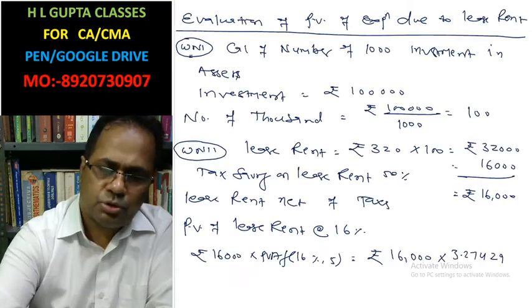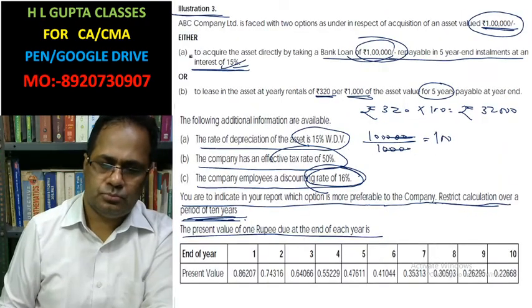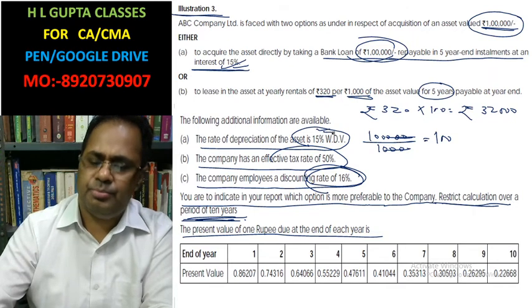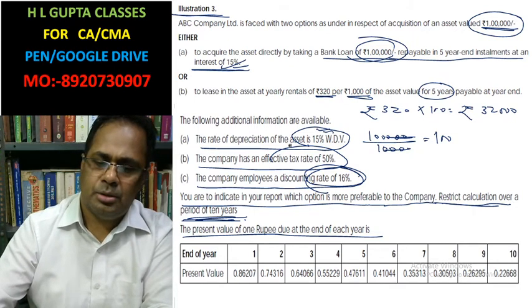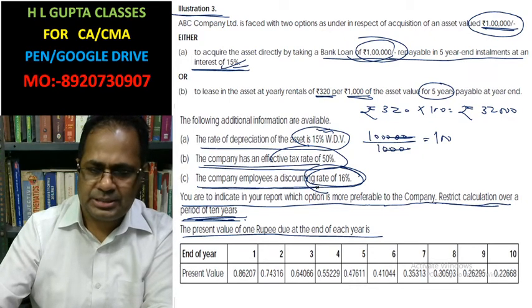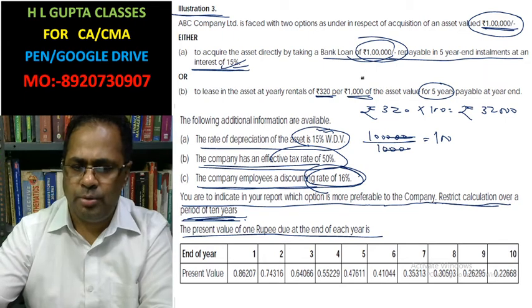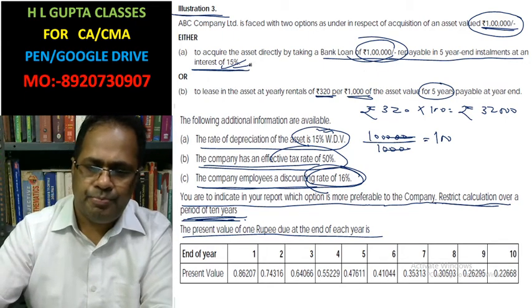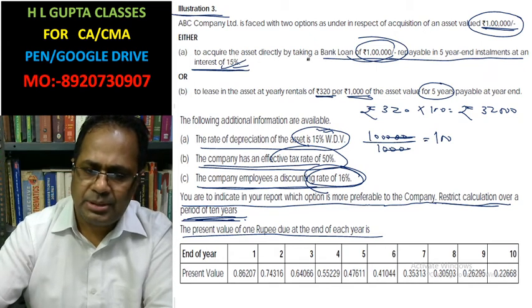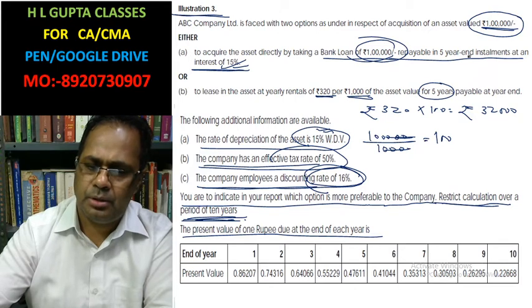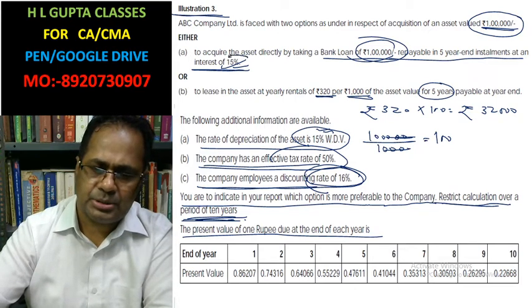In the given question, it is saying the rate of depreciation is 15%, the company tax rate is 50%, the company employs the discount rate given, and a loan. To acquire the asset directly by taking the loan of rupees 1 lakh, repayment in 5 years at an interest of 15%.